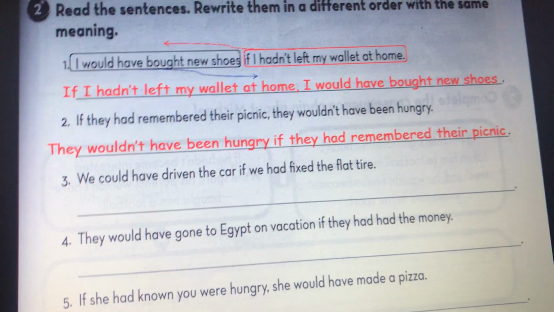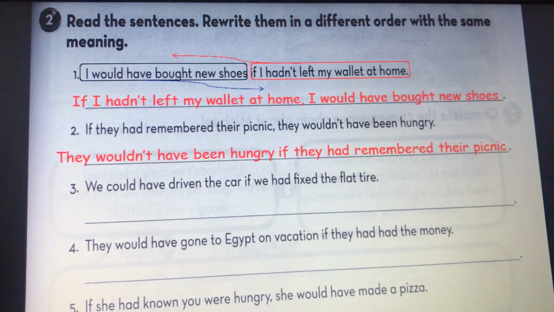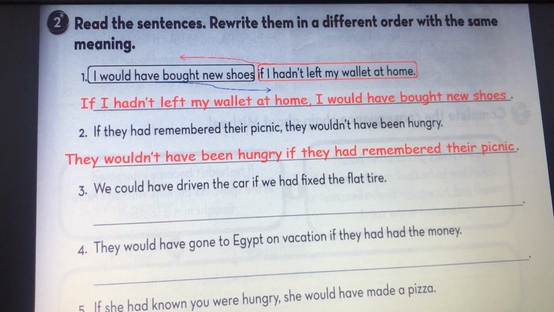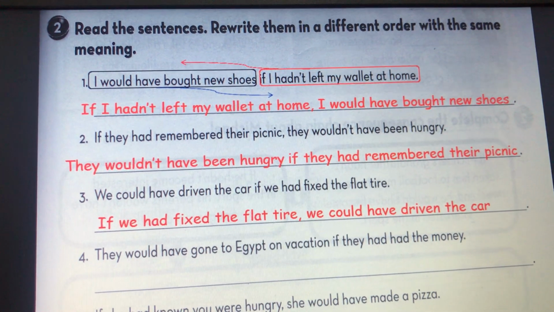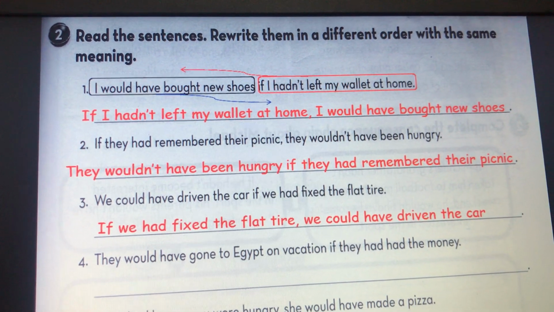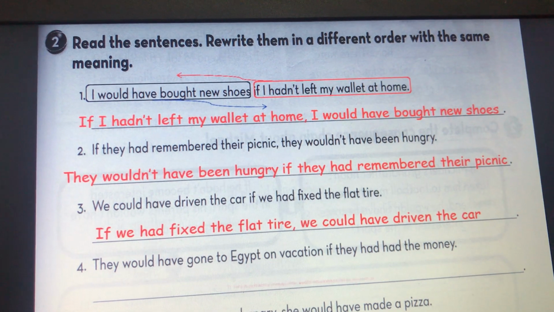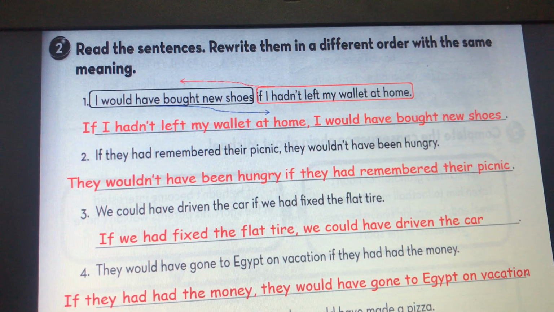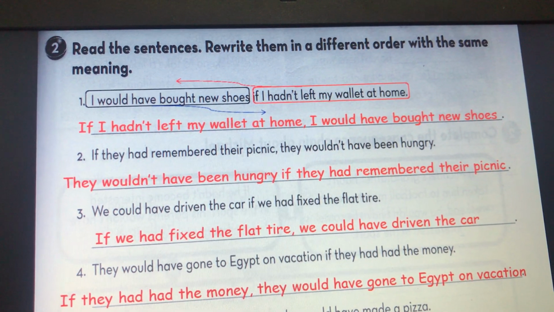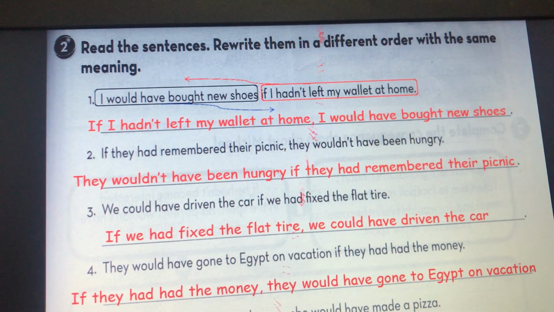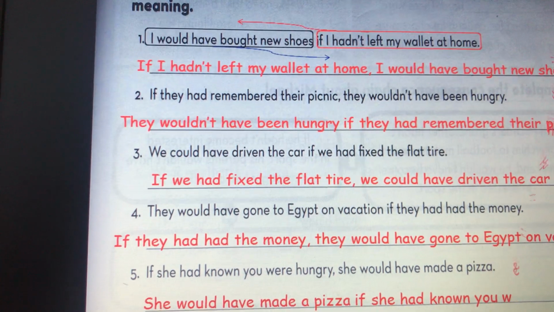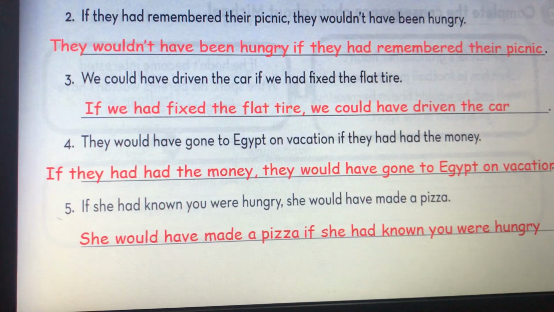We can do the other sentences the same way, starting with the main clause, like this. But here in 3 we started with the if clause. Also in number 4 we started with the if clause. The last one, number 5, we started with the main clause.